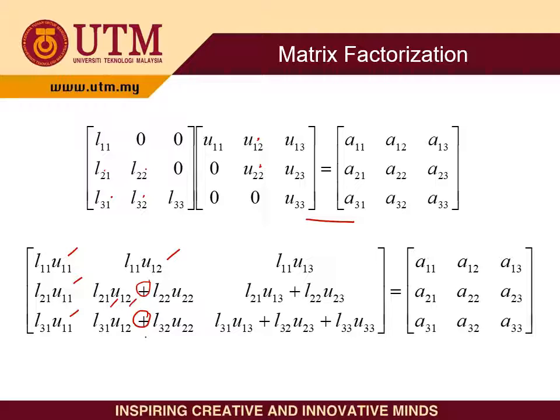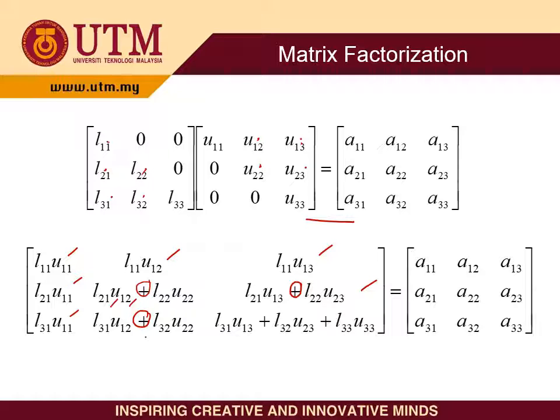Now for A13, L11 and U13, so L11, U13, you will get A13, and then for A23, same thing as before, you need to have two operations, L21 multiplied by U13, and then L22 multiplied by U23, and you plus them up to get the A23.